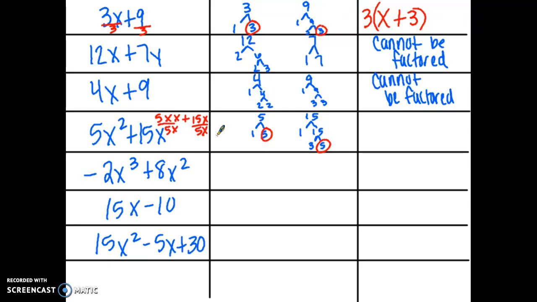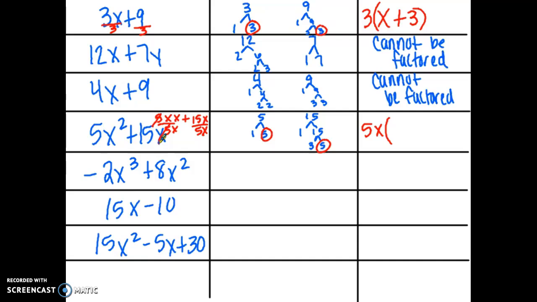When I do this, I'm factoring by 5x, so that goes on the outside. 5 divided by 5 is 1. So I'm done with those. x divided by x: anytime you divide anything by itself, your answer is 1.